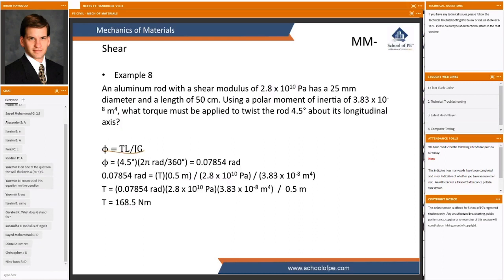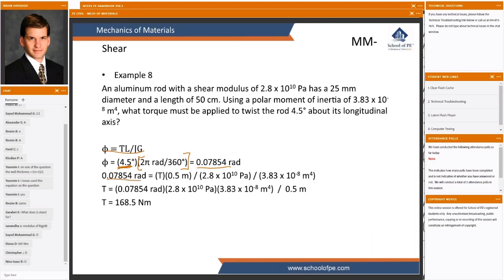So we've got our TL over JG equation, and we're told that we're going to have 4.5 degrees of twist. And that angle has to be entered into the equation in radians. So there's your first little wrinkle. Very similar to everything else we've done. Anytime we see an angle in an equation other than a trig function, it has to be done in radians. So good, there's no surprise there.